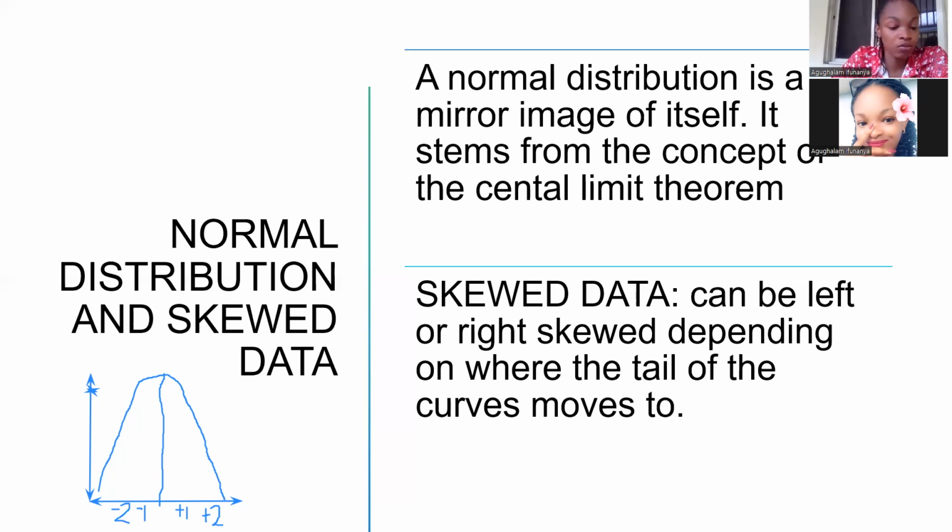From the name already, before you could use a z-score, you must be sure that your distribution is normally distributed. You cannot use a z-score for skewed data.